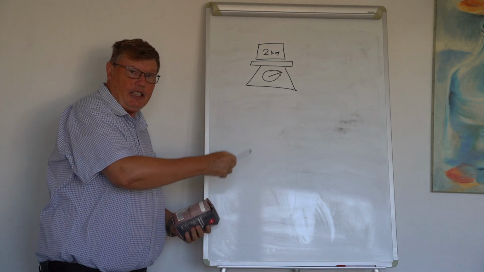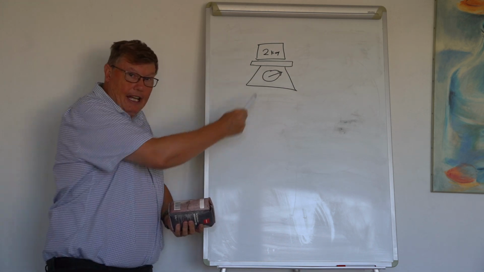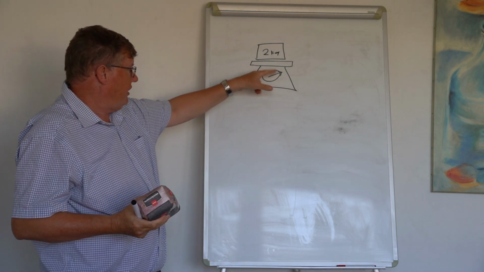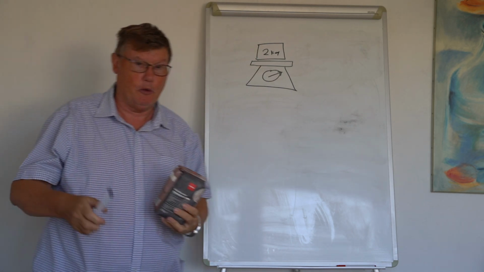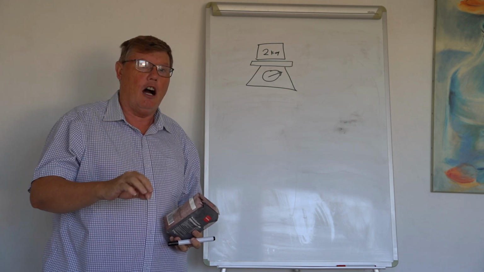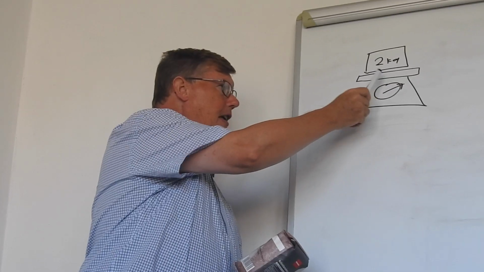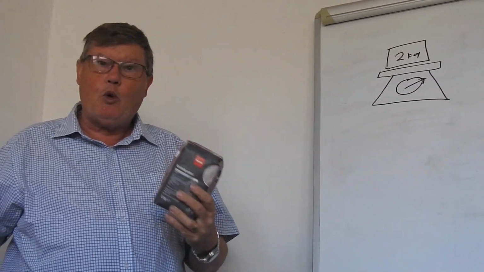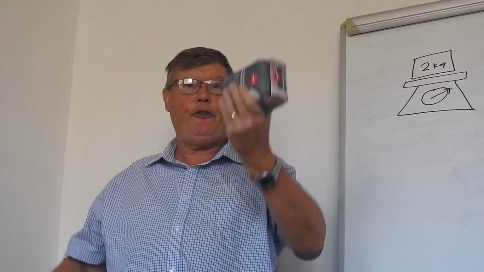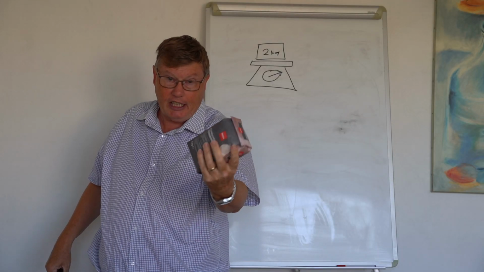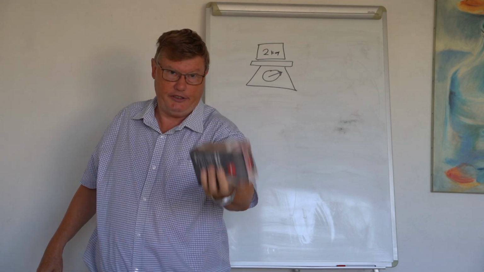Scales are basically a spring in there being pressed down by the weight, and it makes a thing turn. It says, oh, it's 2 kilograms or whatever. Scales are lying. Do you think that a spring balance system can work out how much stuff is in this bag of sugar? Seriously? It can't.